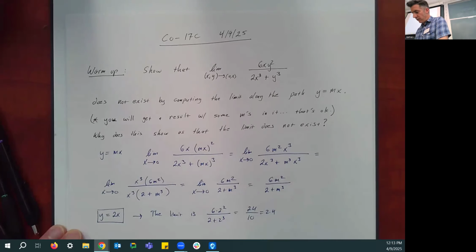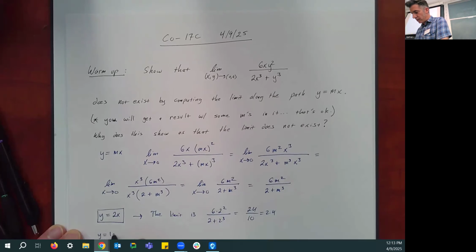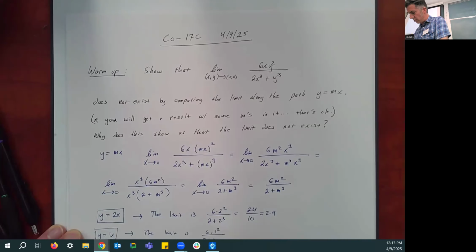On the other hand, if we had y equal to 1x, we'd be letting m equal 1, and our limit would be 6 times 1 squared over 2 plus 1 cubed, or essentially 6 divided by 3, which is 2. Those aren't the same.